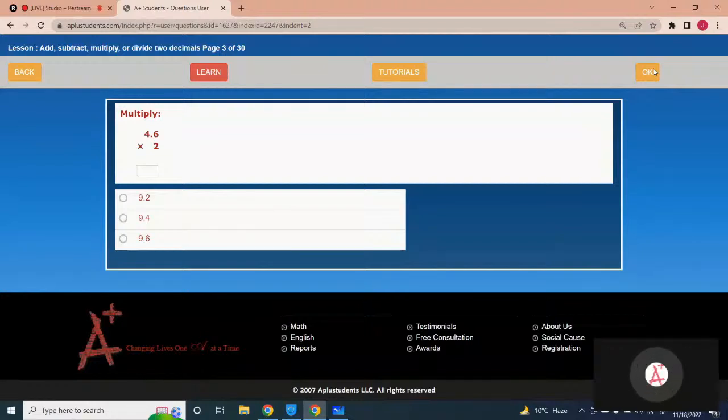Yes, very good. It would be 9.2. So select the correct option and then move on to the next question. It would be 9.2.